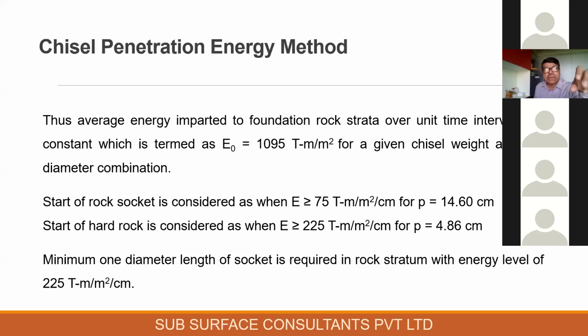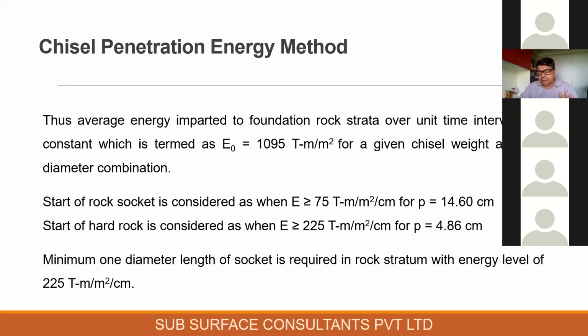So in rock having an energy level of 225 ton meter, you should go for one more pile diameter. If it is a 600 mm diameter pile, you should advance the hole by 600 mm. If it is a 1 meter diameter pile, you advance the pile into this strata by 1 meter.